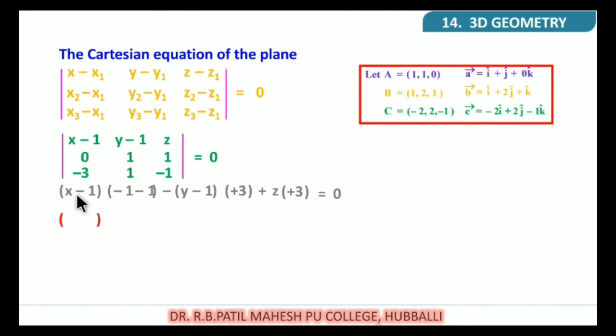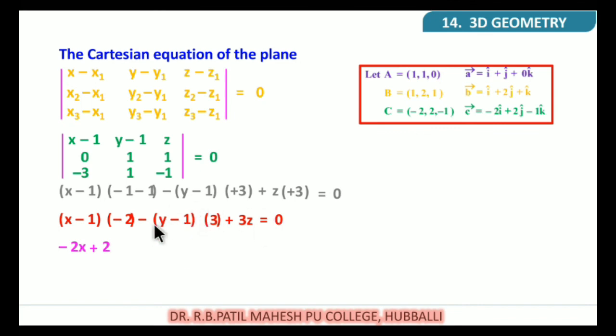Now we can take x minus 1 into the bracket of minus 1, which becomes minus 2, and next it becomes minus 3y, because minus of (y minus 1) into 3, plus z into 3, that is 3z, equal to 0. We multiply here minus 2x, and minus into minus becomes plus, so 1 into 2 is 2, so it becomes plus 2.